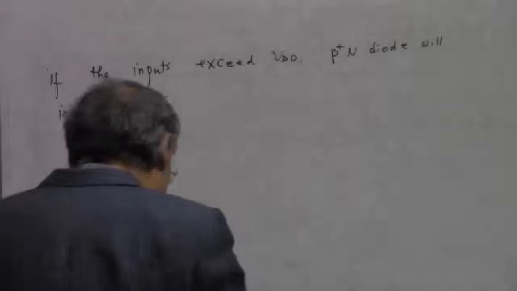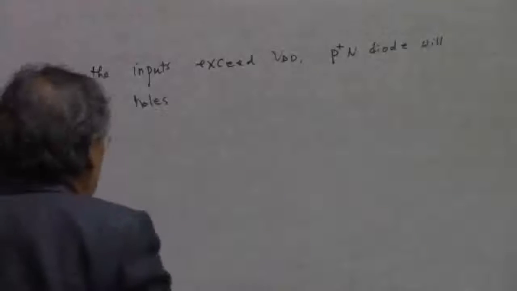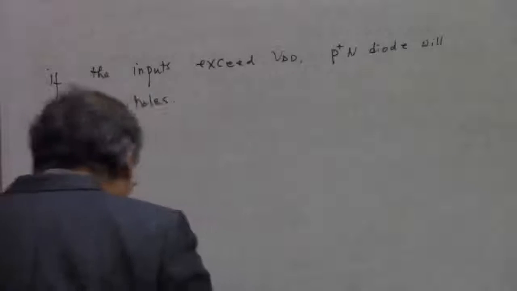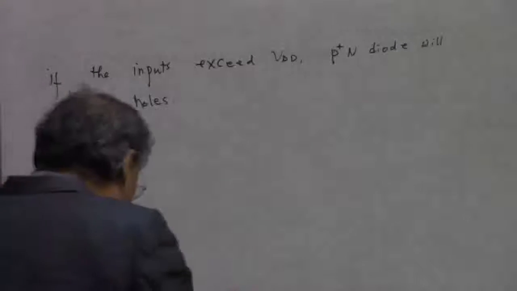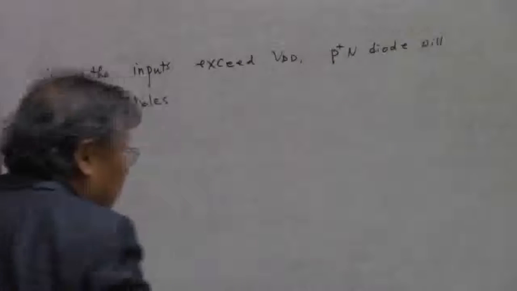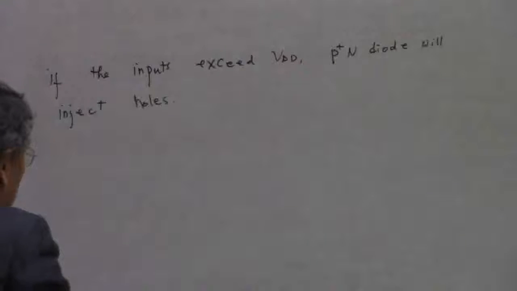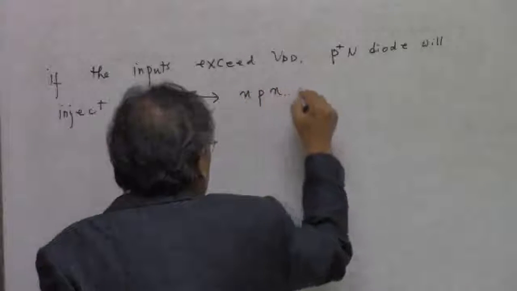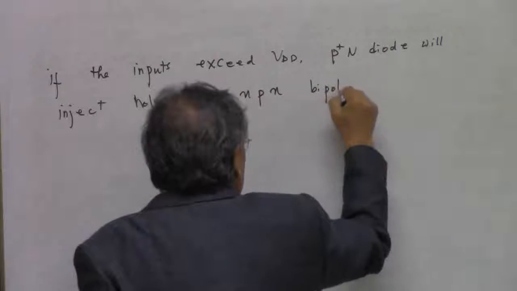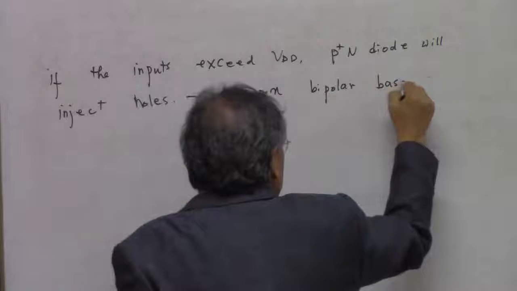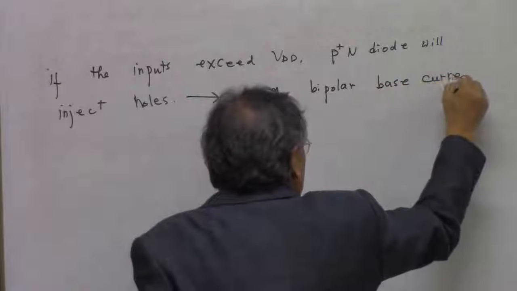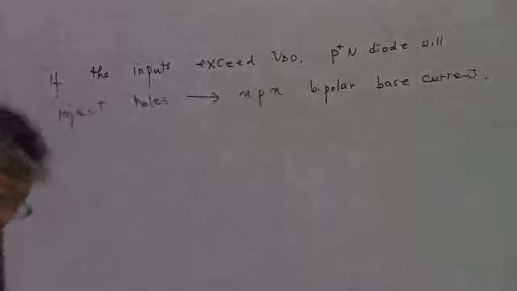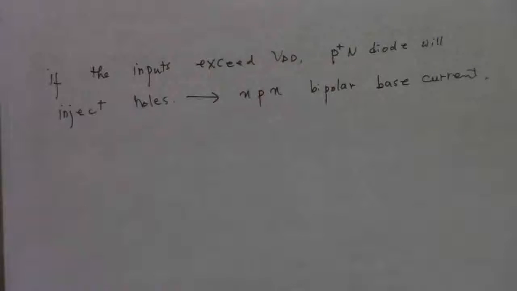Okay, and then this is going to be collected by the P well, and then it works as the NPN bipolar base current, so that the NPN bipolar is going to be turned on through this.